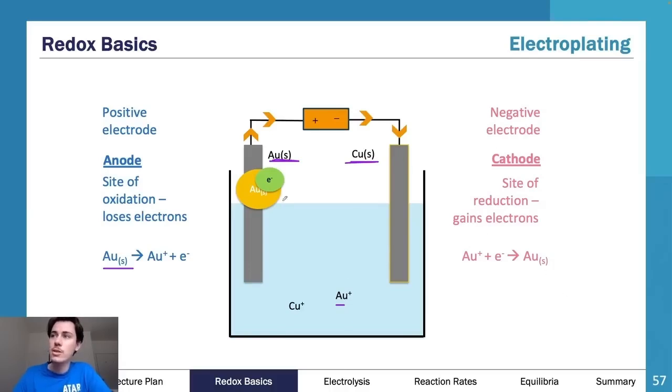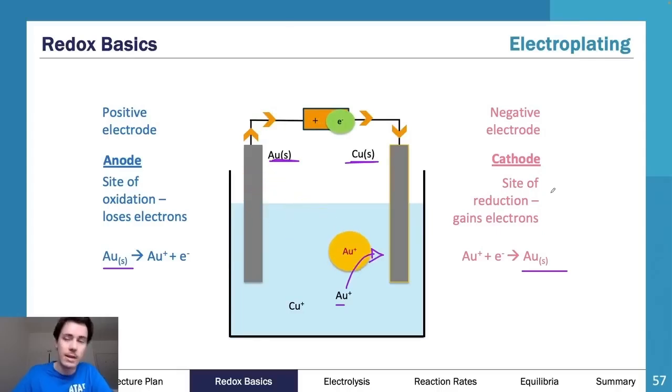Over at your cathode, you suck these gold ions out of the solution and onto the surface of the electrode, which in this case is a metal. It is the copper jewelry. And you suck it onto there and attach it as a thin layer and you form solid gold. So as you can see here, an electron comes off, gold comes out.